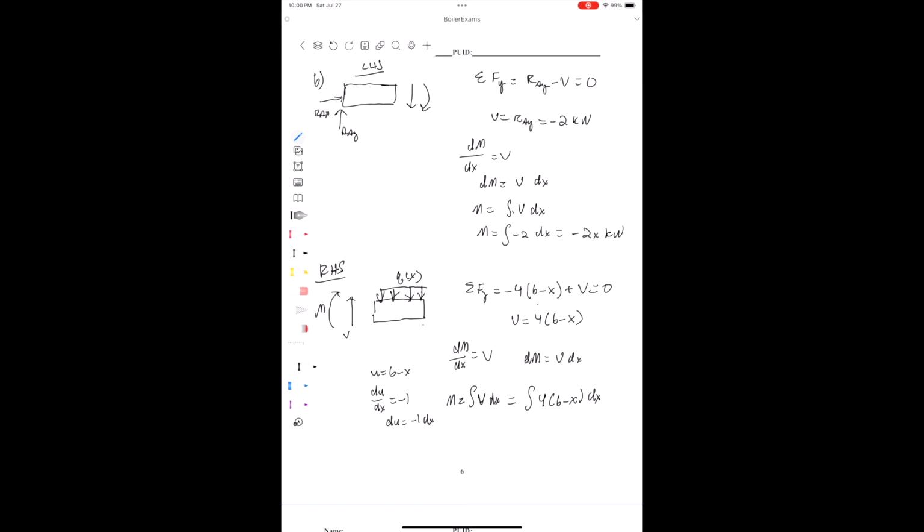And I'll show you that the integration will work out the way we need it to. So this is going to be 4u times -1 du, with our u sub, M equals -2u squared, and so moment is going to be -2 times 6 minus x squared. And this is our moment equation.